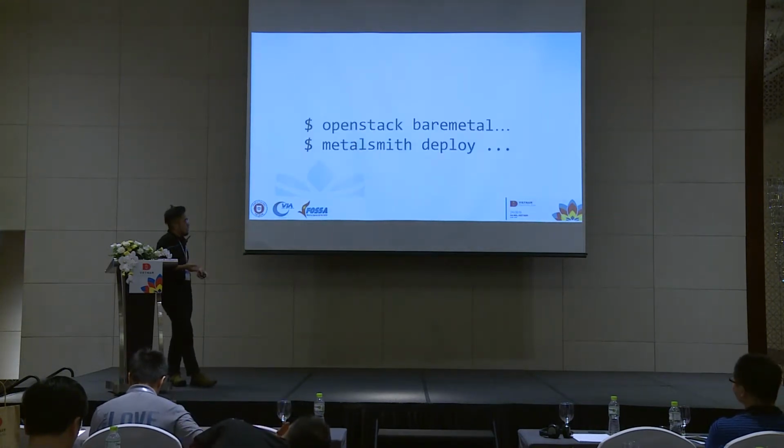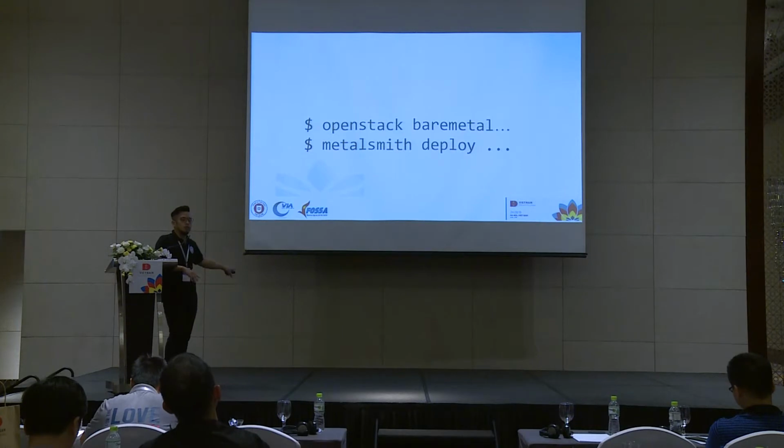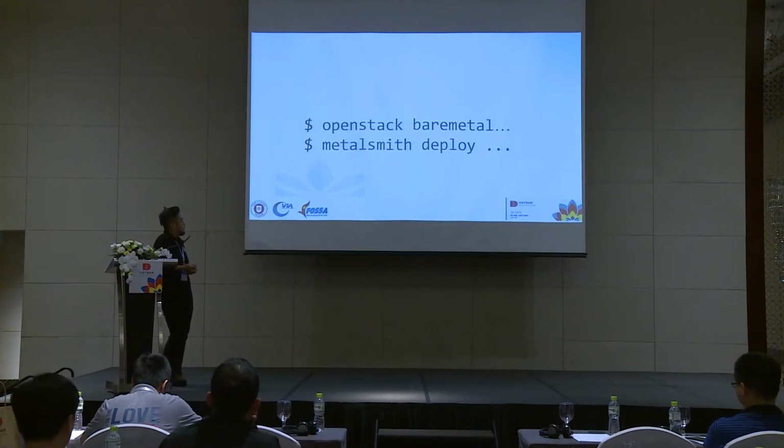So we now drop Nova out of the picture. Just for this use case, Nova is still very useful. But if I want something lightweight just for bare metal, and you're using the command line, you can directly use Metalsmith.